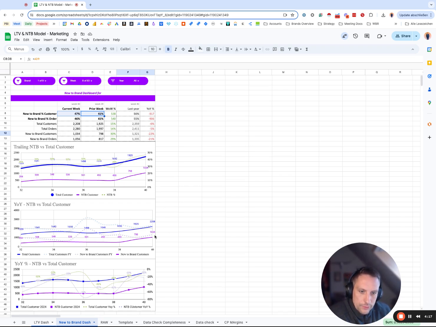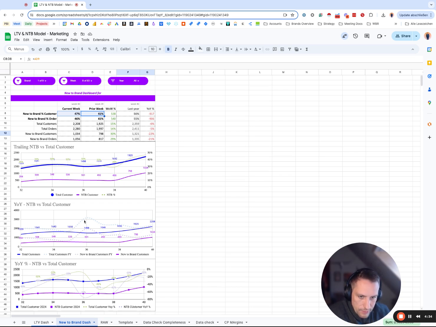And also to monitor this year over year. So what we can see here in this chart, for example, this is total customers. The blue line is total customers this year, and the purple line is new to brand customers this year. And the dotted lines show me last year's number for total customers and new to brand customers.